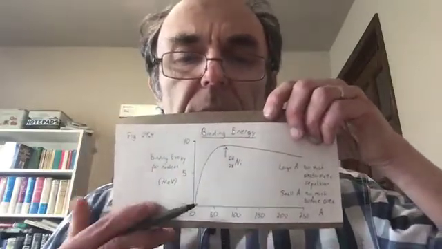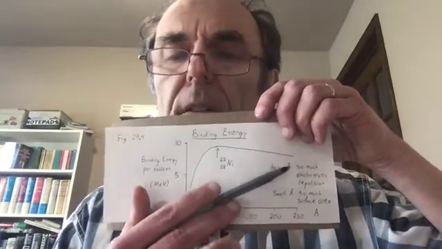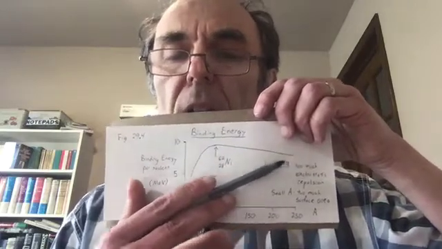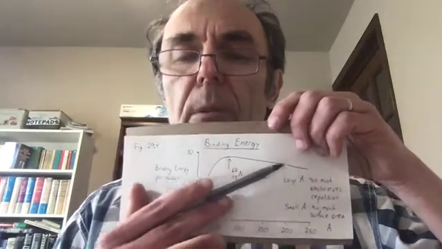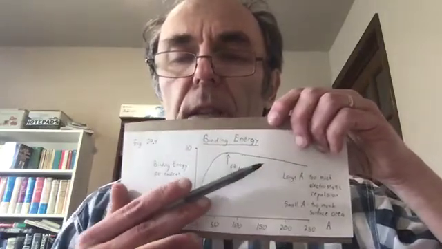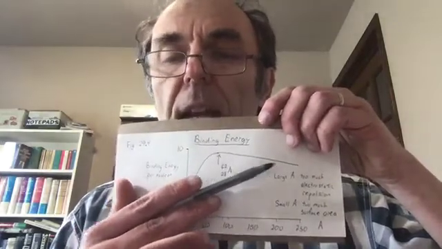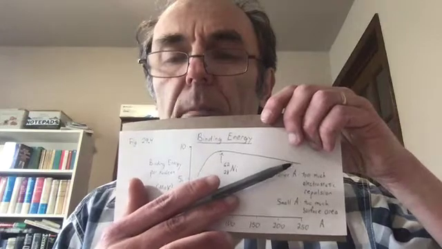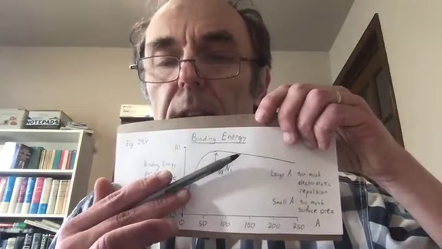And what we find is that there are two effects. For very large nuclei, there are so many protons present that there's a lot of electrostatic repulsion, which opposes the holding of the nucleus together by the strong force. That tends to make the binding energy smaller than if you had a smaller number of nucleons.